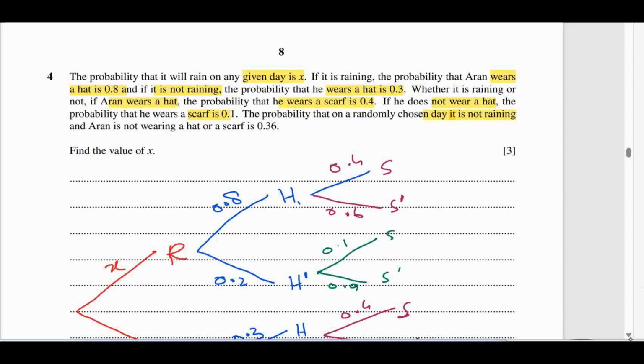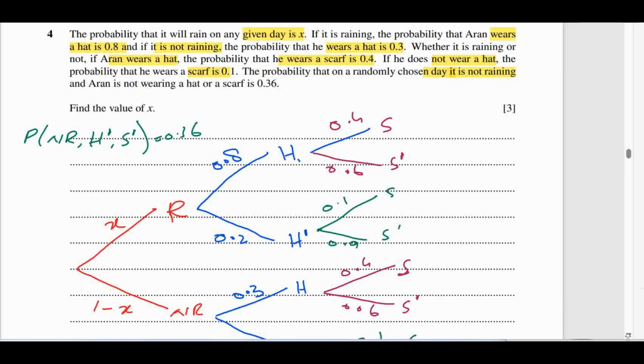Let me write it over here: the probability that on a randomly chosen day it is not raining and Aaron is not wearing a hat or a scarf. So not scarf, this is how we are representing it. This is equal to 0.36.